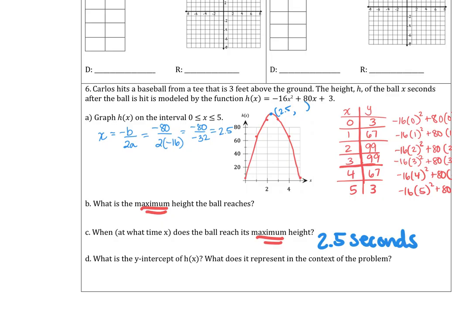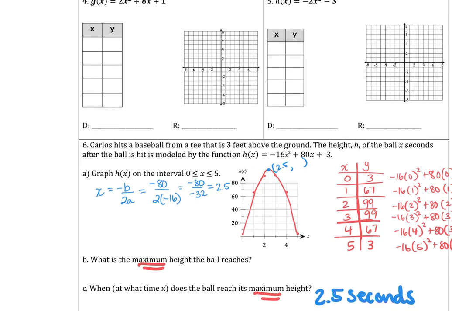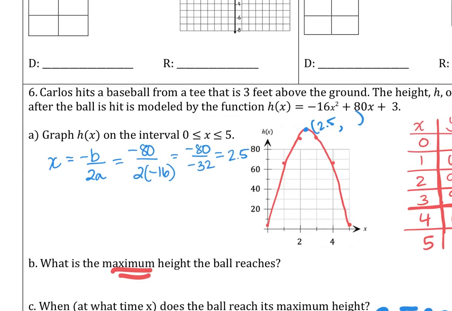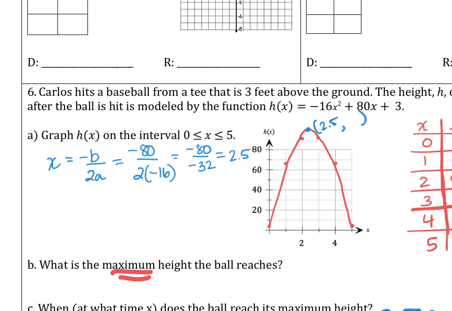And then we can figure out what that maximum height is by plugging it back in. How high was it at x is equal to 2.5? So we're doing exactly what we did with all these other graphs. Now we're just giving it some real life context. So when we plug it in, we would do negative 16 times 2.5 squared plus 80 times 2.5 plus the 3.